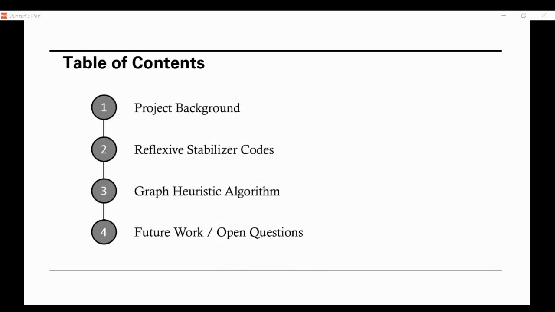For those of you that know about CSS codes, there's really not a whole lot of new impressive mathematics here, but the nice thing about it is this connection to graph theory and this new viewpoint that this allows us to have. And that's going to be done in that 3rd section. And then since this is a new way of looking at it, there's all kinds of open questions for future work and maybe collaborations. So hopefully spark some people's interest, and maybe you'll have some new projects to work on.